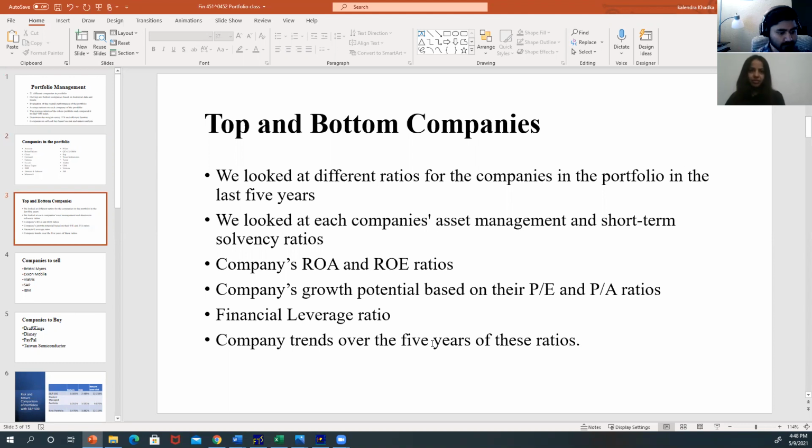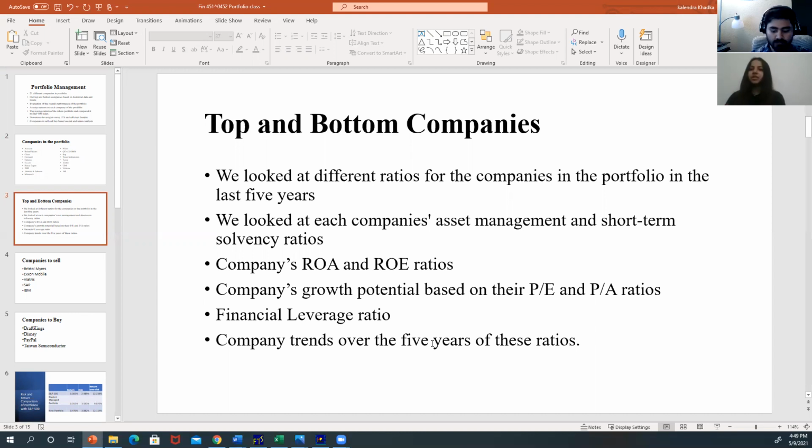We looked at each company's asset management and short-term solvency ratios. We looked at companies' return on asset and return on equity ratios and compared them to one another. We also looked at each company's growth potential based on their price earnings ratios. We looked at financial leverage ratios and profit margin.